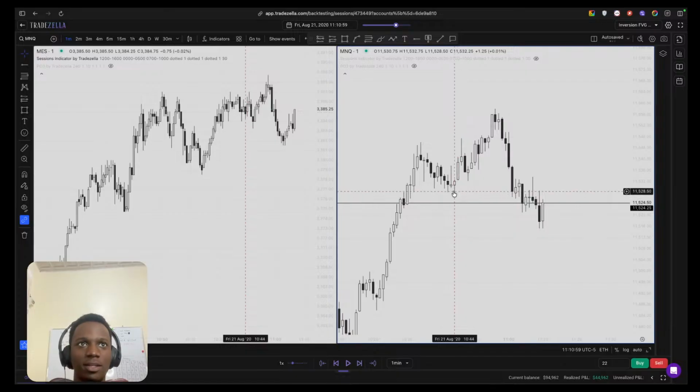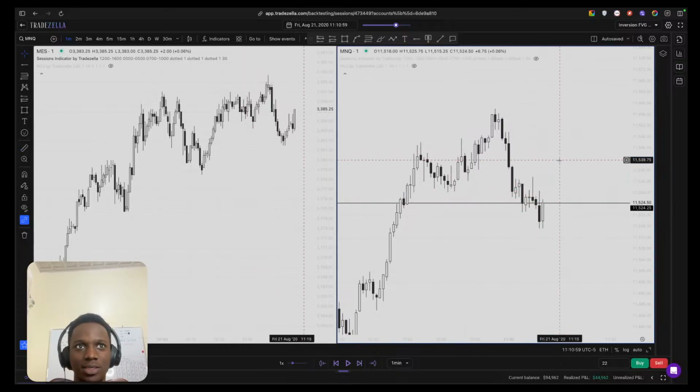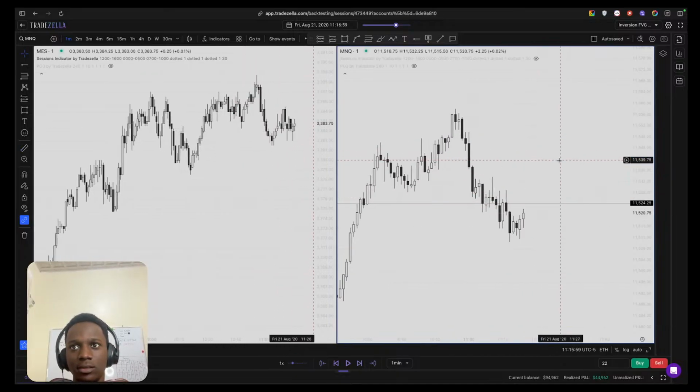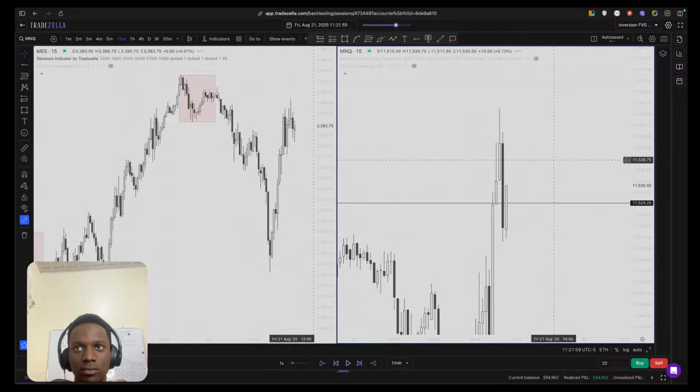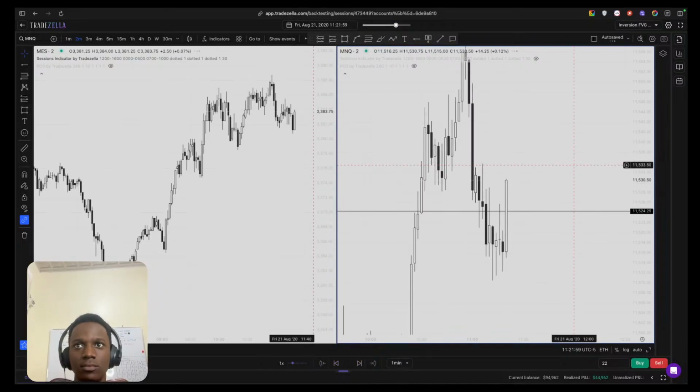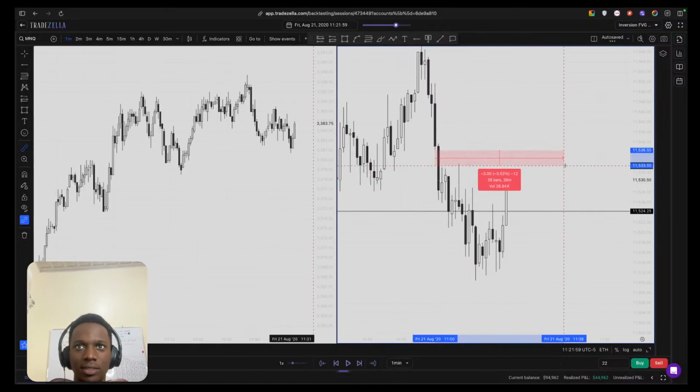Okay, 11 a.m. could now present up here. Let's wait and see. So maybe if it reverses here, we can take good longs.